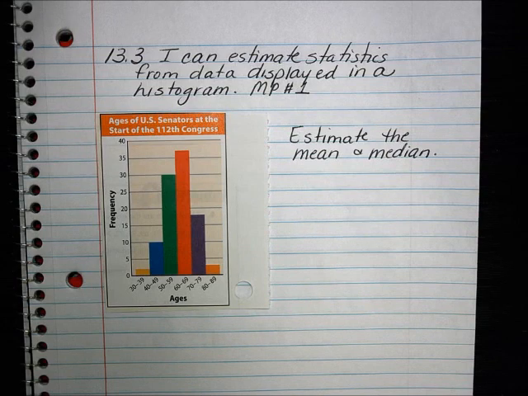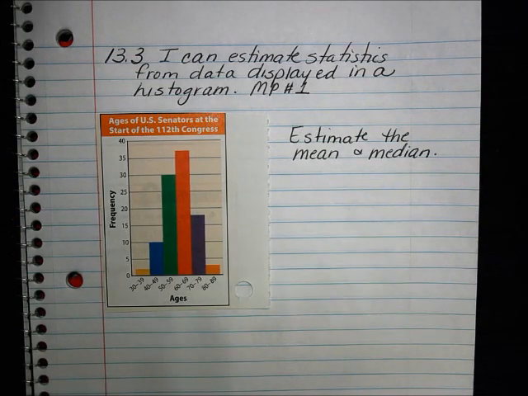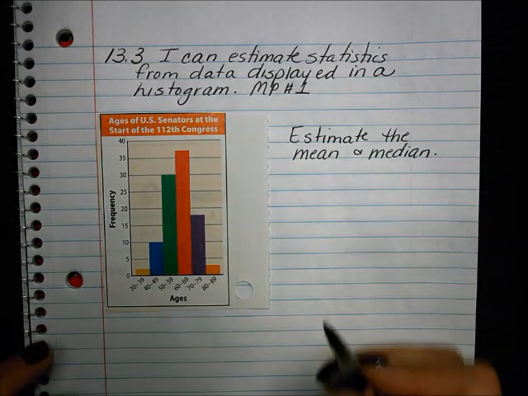So we're just estimating. But here's the thing. We're not going to just guess. We're not going to just look and go, I think it's about this. We can make a prediction that way, but we're going to estimate more mathematically than just that. Okay? So we're going to start with the mean.